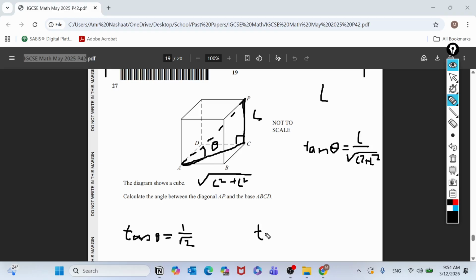And then just do shift tan of 1 over radical 2, and you get the angle. Put it on your calculator. You get 35.26. 35.26. Okay.